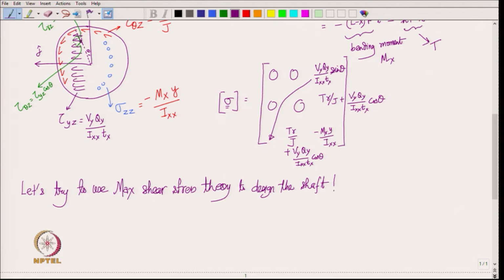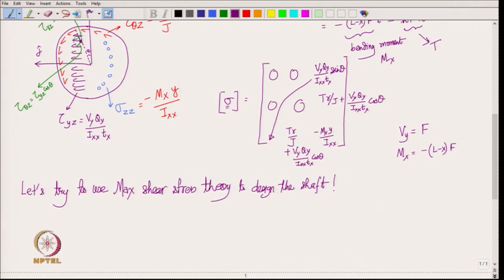Now, looking at each of the components here, you have to notice that the shear force V y is actually constant, and that is equal to the applied load F. So, that does not vary along the length of the beam, whereas M x is equal to minus (L minus x) into F. So, this number is 0 at the other end, and at the clamped end it is maximum.